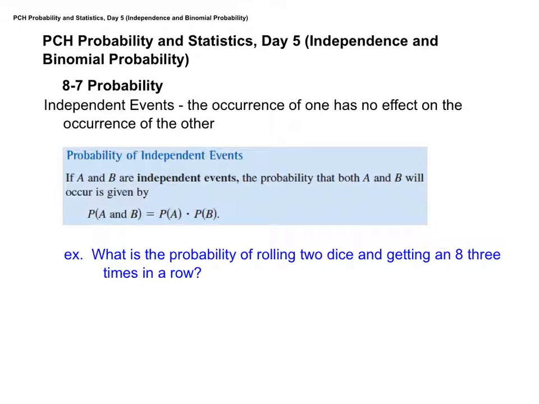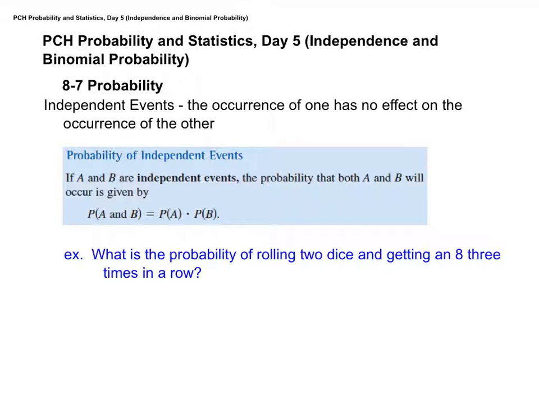We're dealing with events that are known as independent events. It's important to understand that independent events are events where the occurrence of one thing happening will have no impact on what happens next.